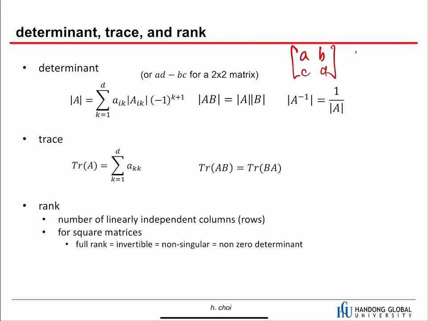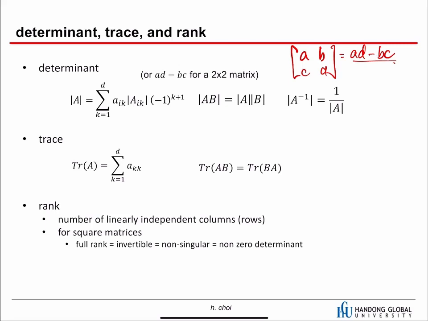It was AD minus BC. But then how about a 3 by 3 matrix, and 4 by 4? Can we actually generalize these equations?